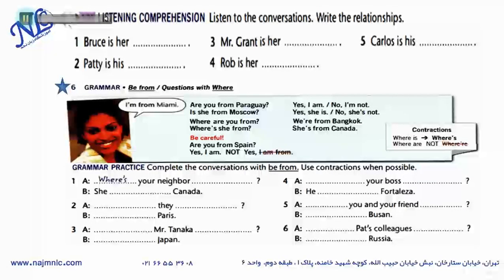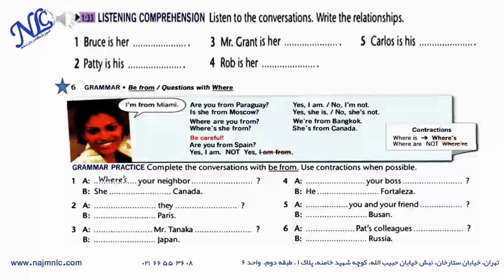Page 13. Exercise 5. Listening comprehension. Listen to the conversations. Conversation 1. Hi, Steve. This is Bruce. Bruce is my classmate. Nice to meet you, Bruce. Nice to meet you, Steve. Conversation 2. Helen, this is Patty. Hi, Patty. Hi, Helen. Patty's my neighbor.